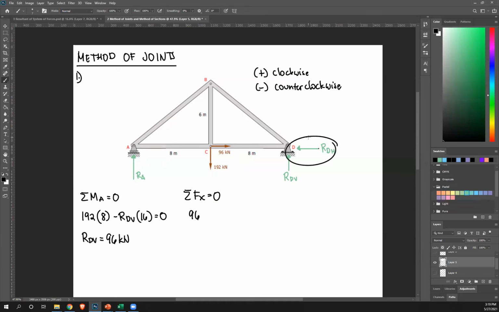We have this RDH assumed to be to the left, so that's negative. There's no other horizontal forces. Equate that to 0. And then from this, I can directly solve for RDH, which is 96 kilonewtons. Positive, therefore correct assumption to the left.